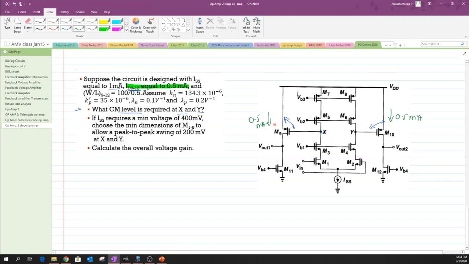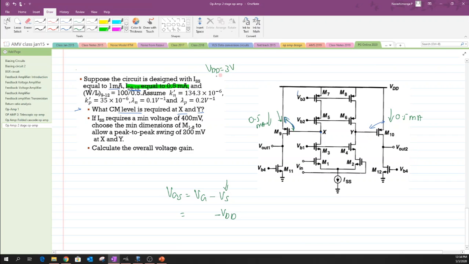In order to have this 0.5 milliamperes, we need an appropriate VGS across this device. Now you need to compute the value of this VGS. VGS can be written as VG minus VS, and as you could note, the source of this M9 is connected to VDD, and one has to use that VDD value, which in this case is taken to be equal to 3 volt.